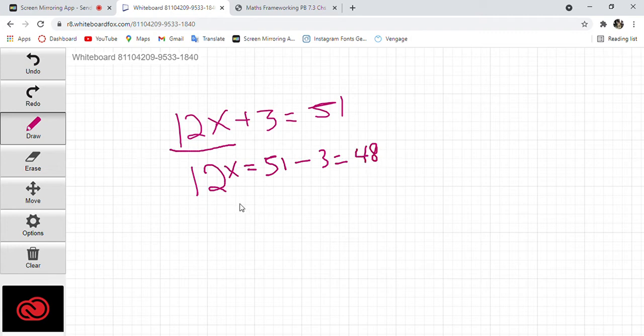Then, next step, we bring this down. So 12x equals 48 over 12. Ta-da! That's the answer. That's it. It's really that easy.